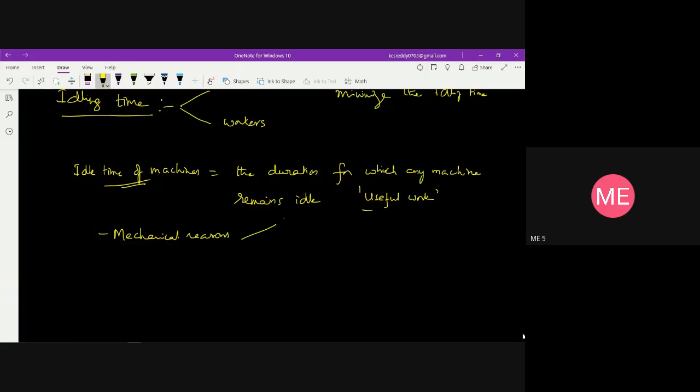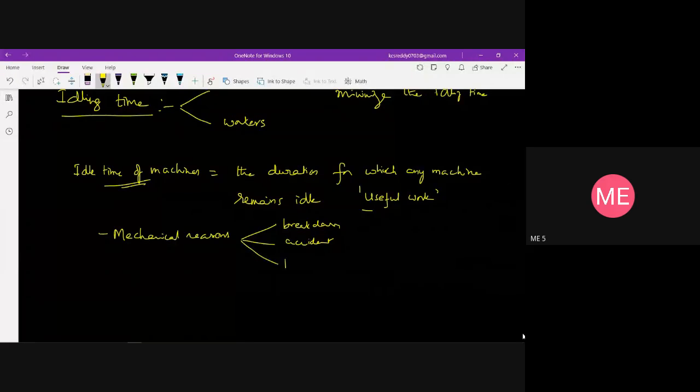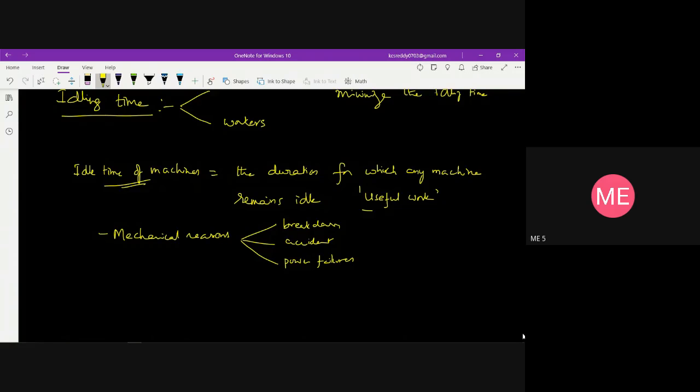It may be a breakdown of the machine, or accidents that happen during the operation, or power failures. During these times we cannot run the machine, so the machine will idle.